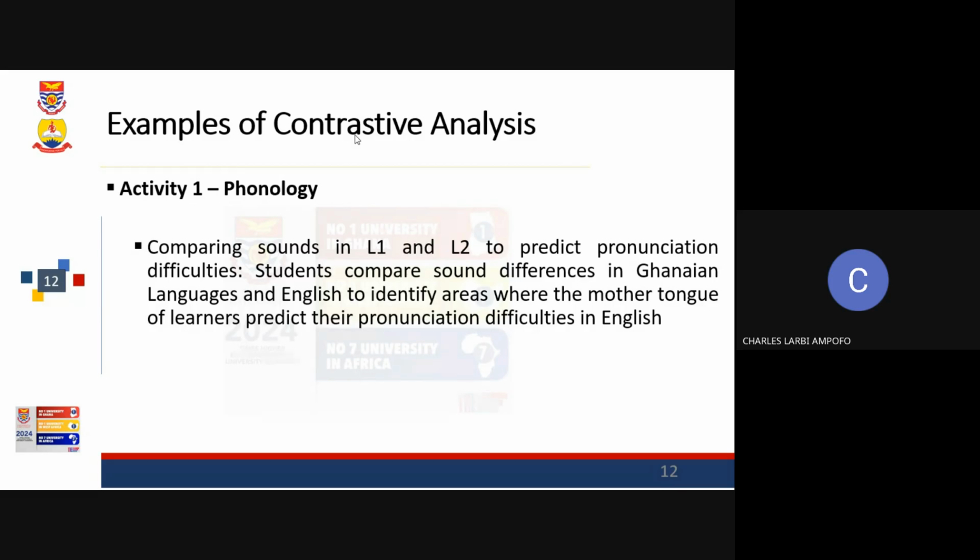So it's similar in our context: if you want to teach, you must compare the sound systems of the two languages. You compare the L1, that is a person's native language, to the L2, which is the target language or the second language you are teaching.